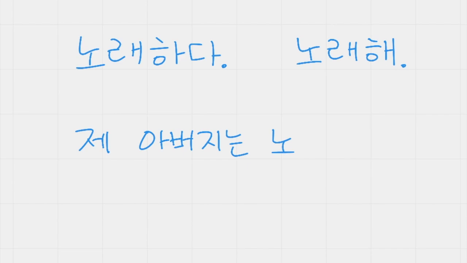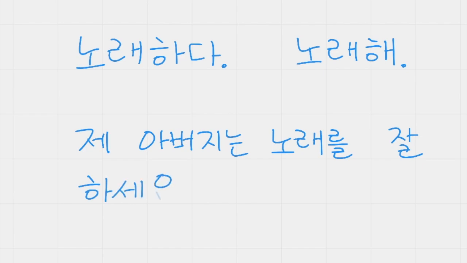So you can do 노래를, because I'm going to add 잘, which is well, right? 노래를 잘. And then we can use honorific since we're talking about father. So instead of 해요, we're going to say 제 아버지 노래를 잘 하세요. 제 아버지는 노래를 잘 하세요. My father sings well.